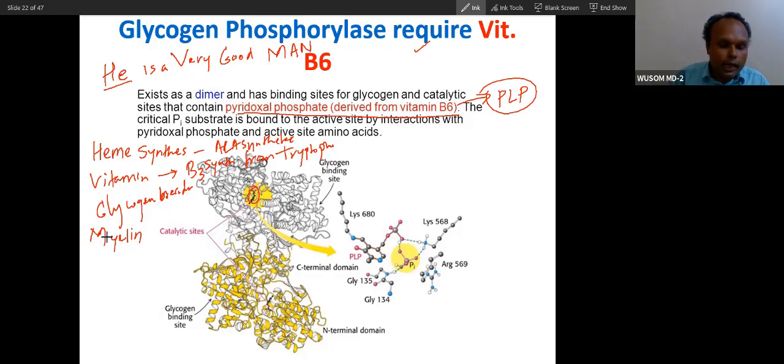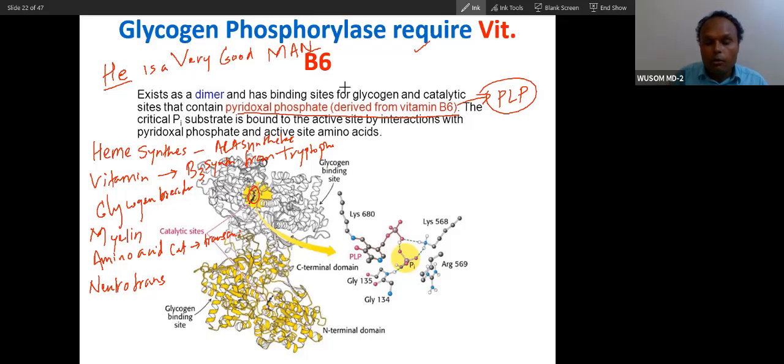Myelin. And then after myelin, you can see A for amino acid catabolism. We have seen amino acid catabolism, transamination especially. Other amino acid catabolism also requires this PLP, but don't forget transamination. And N for neurotransmitter synthesis. We will talk about all of this step by step.